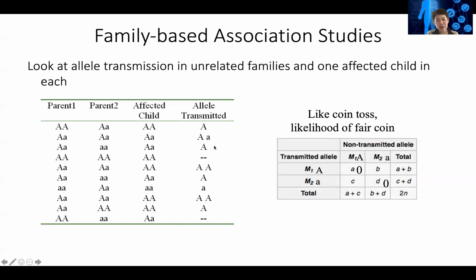And so at the end, we say, what do we expect? Well, first of all, we look at how often the big A is being transmitted, and how often the small A is being transmitted in this case. In our situation, these two are 0.